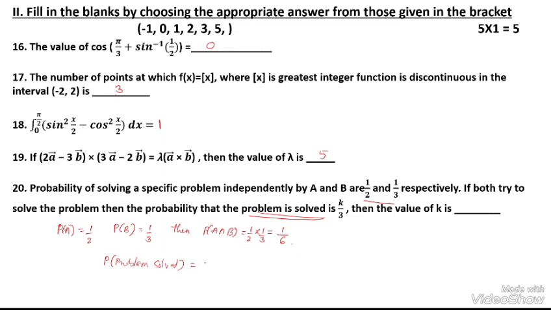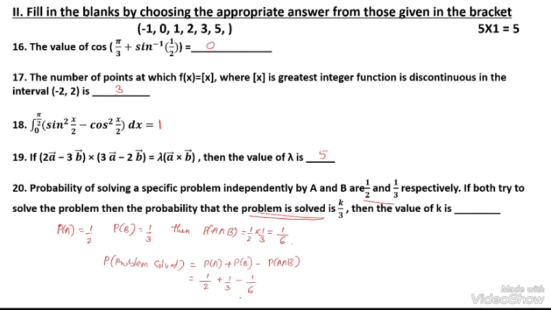Then it is probability of A plus probability of B minus probability of A intersection B. Now I will substitute the values. It is 1 by 2 plus 1 by 3 minus 1 by 6.